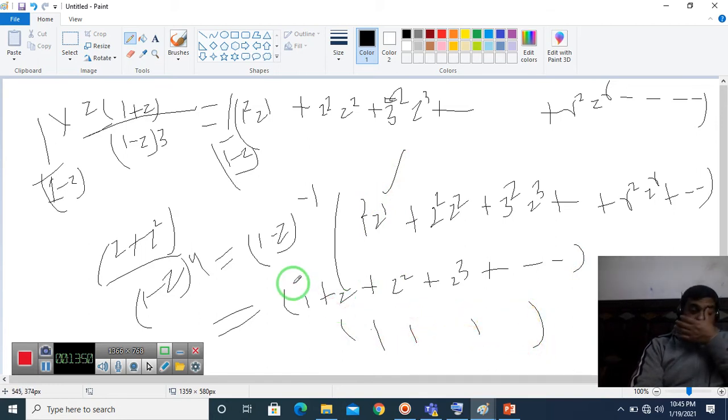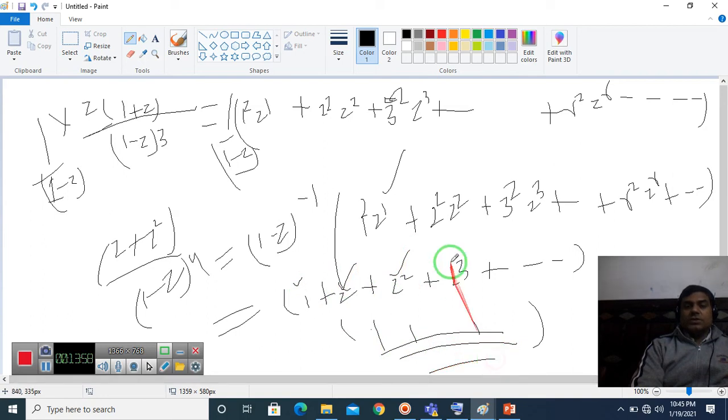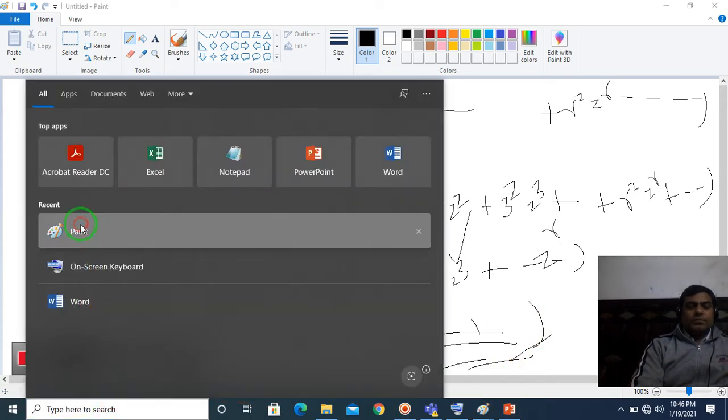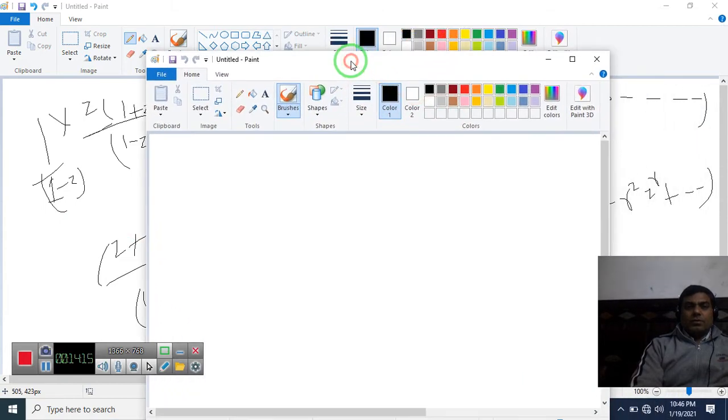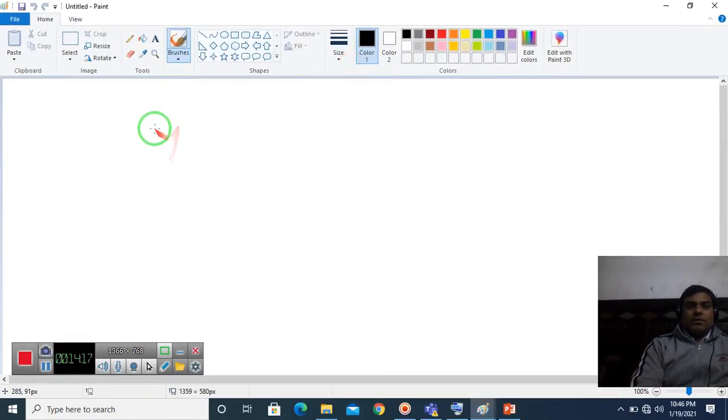Now we should multiply the whole series by 1, by z, by z square, by z cube, and by z to the power r. I will write like this.